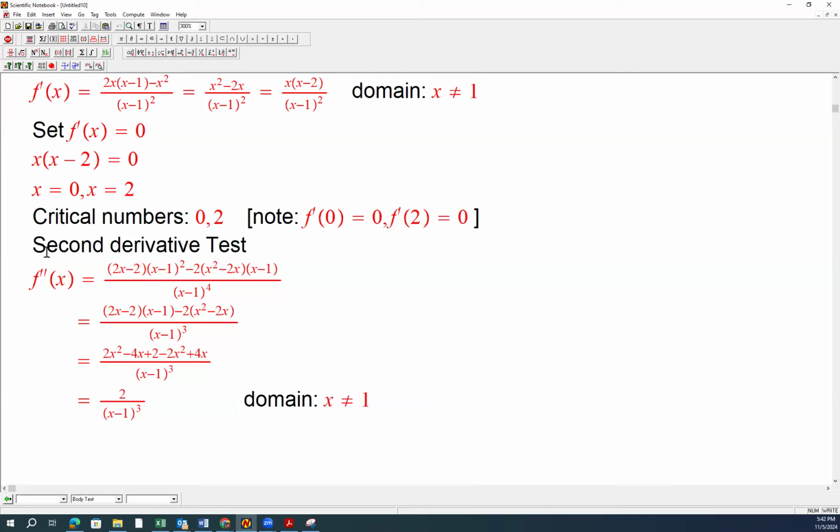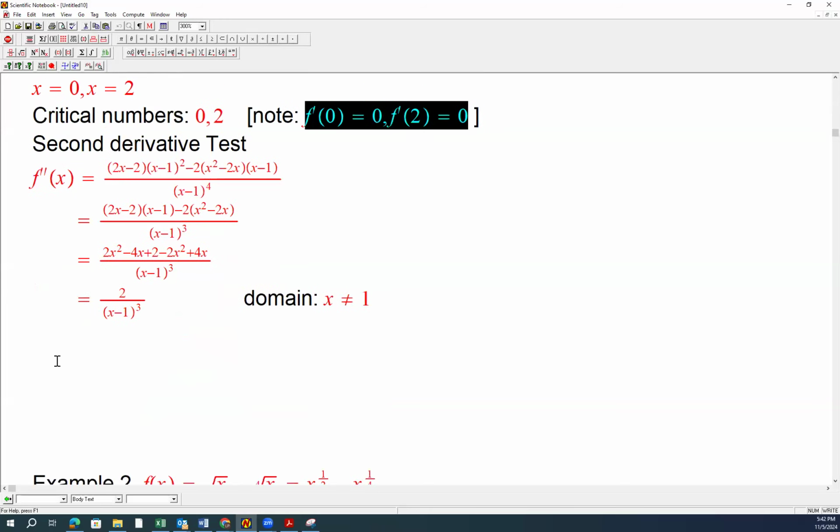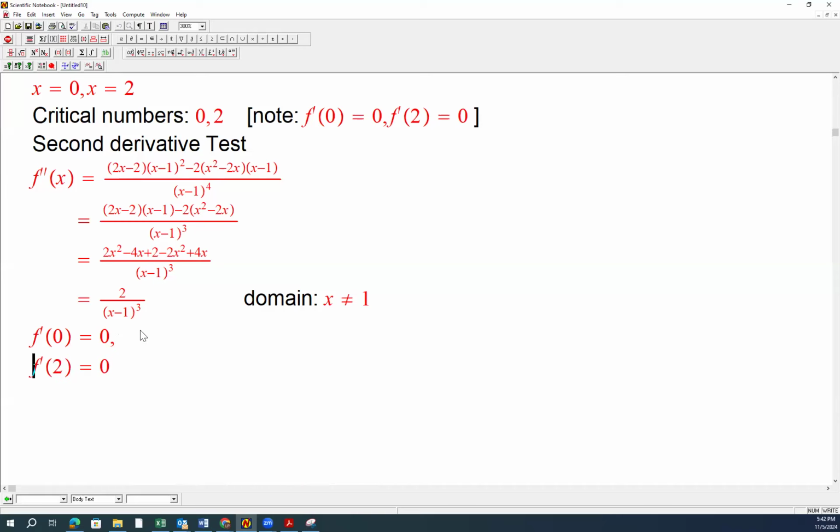So we are going to use the second derivative test. Let's test these two numbers. We have two critical numbers, and then we're going to plug them into the second order derivative.